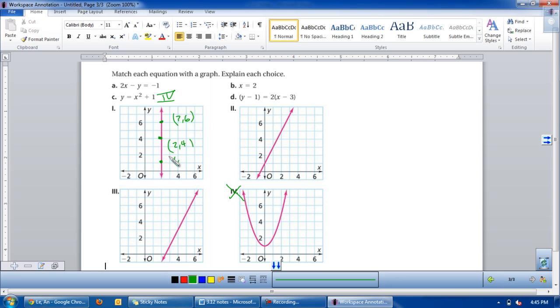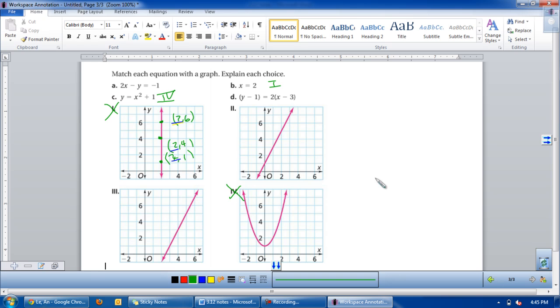And this is (2, 1). And we notice all of the x coordinates are equal to 2. Well, think about it. Which equation says that all of the x coordinates have to equal 2? You're right. It's this equation right here. So then we say that B has a graph of 1.